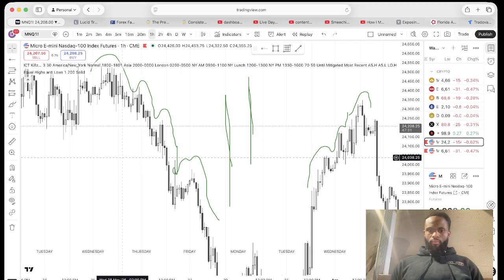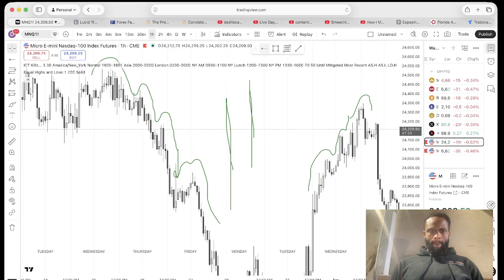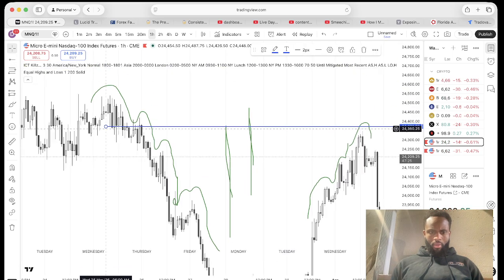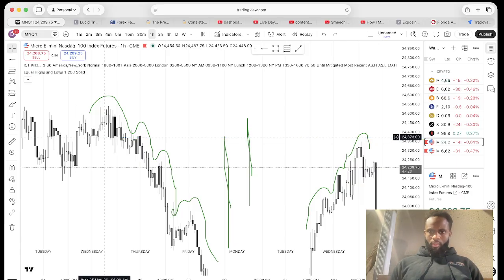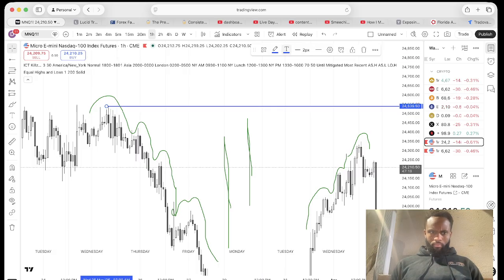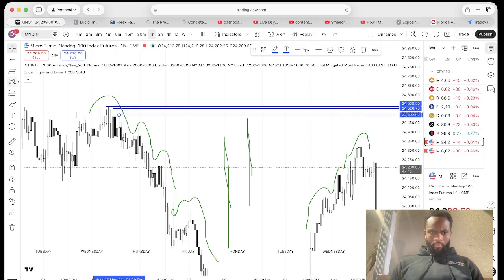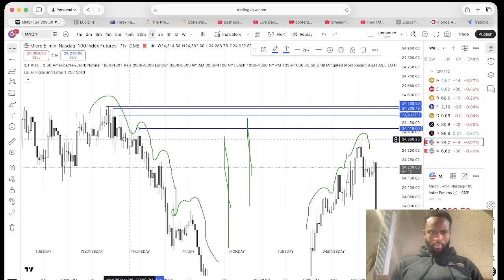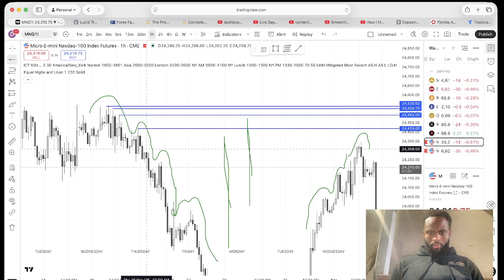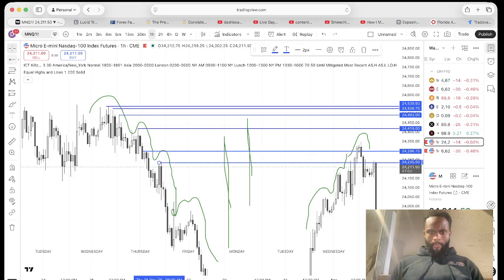But if we're talking technical, then this is a high right here. Technical, this is a high. But this is also a high. And this is also a high, and this is also a high.